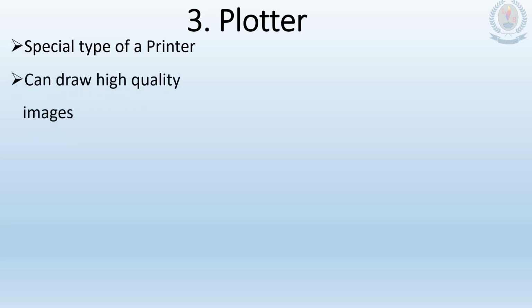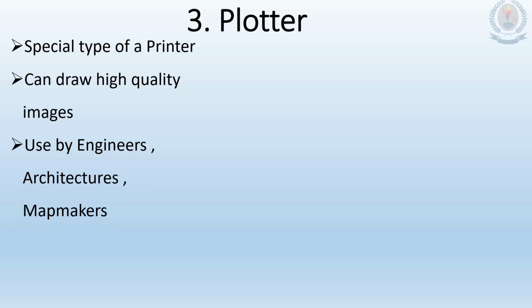The third output device we are going to learn is the plotter. Plotters are also a special kind of printer, but we can get very high quality images. We can draw high quality images used by engineers, architects, and map makers.